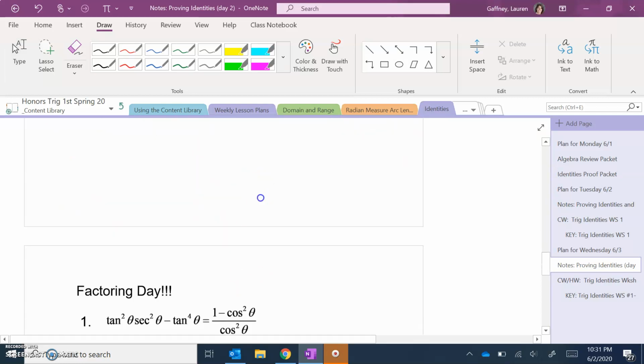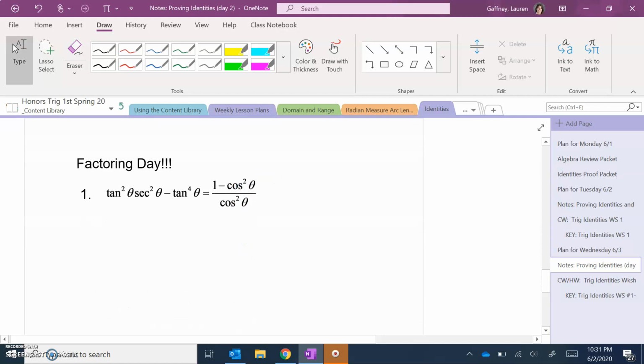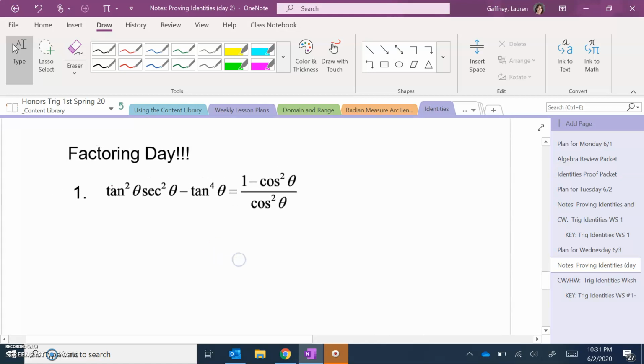All right, let's look at another one. So in this one, I am going to work with the left-hand side again. When I look at this, I'm like, ooh, I have a GCF that I could factor out. So let's factor tan squared out. What's left is secant squared theta minus tan squared theta. Ooh, and that's 1.